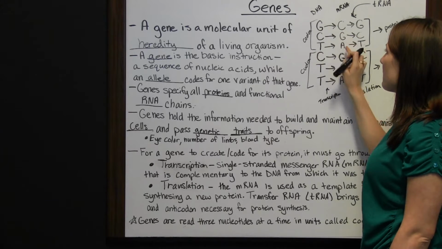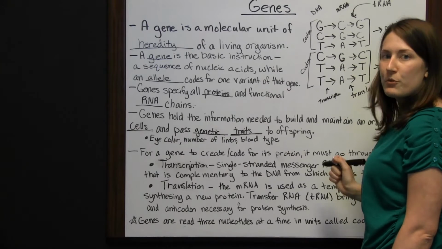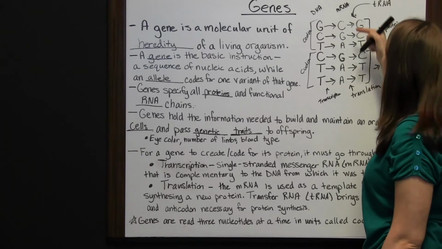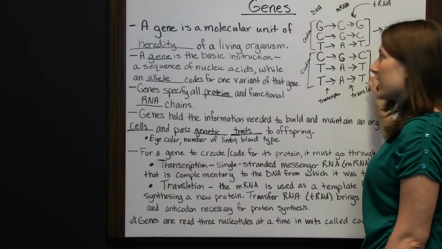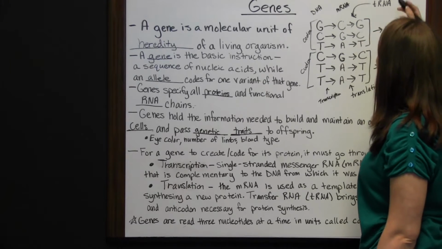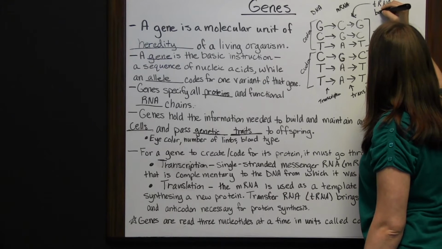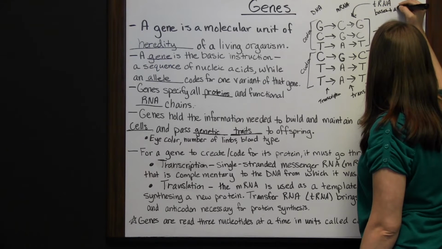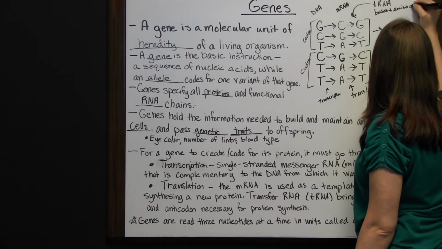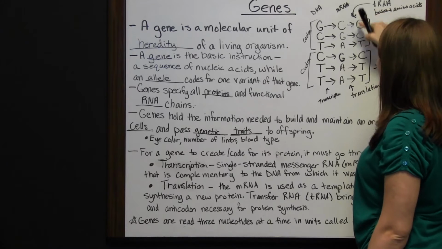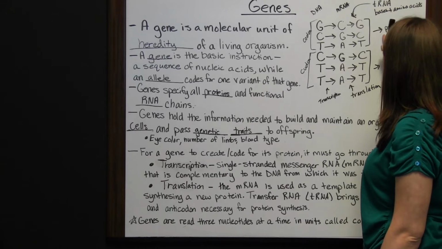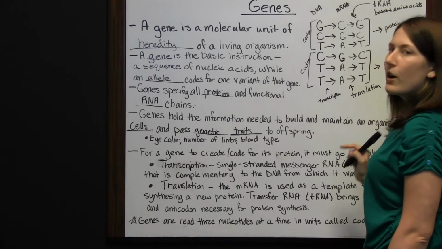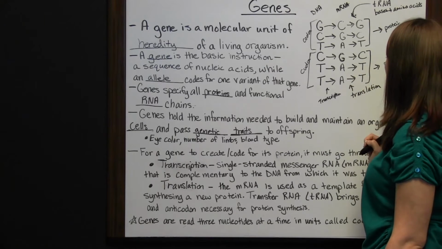What pairs with each base is going to be the transcription that goes on the messenger RNA. And then the messenger RNA travels off into the cell to where the protein is needed. The transfer RNA is going to bring the bases plus amino acids. And then you're going to get these bases plus the new amino acids are going to give you your proteins that these codons were coding for.